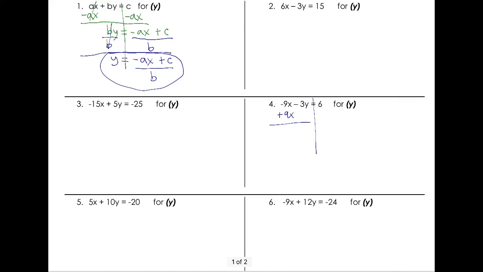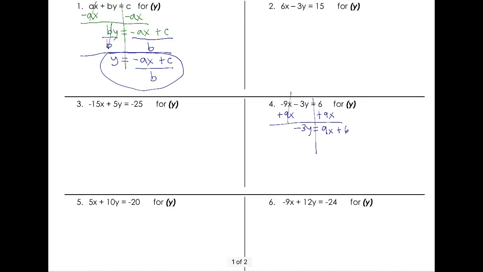Again, what you do on one side has to be done on the other. Plus 9x cancels, which leaves us with negative 3y is equal to 9x plus 6. You could have also written that as 6 plus 9x, same thing.